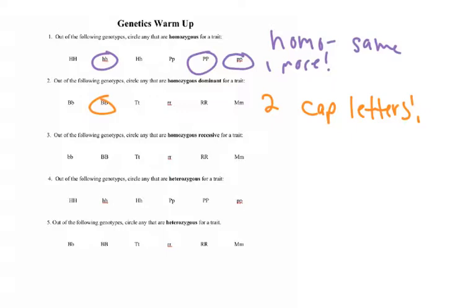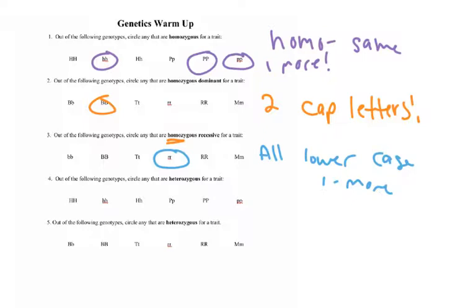Number 3, out of the following genotypes, circle any that are homozygous recessive. Now we see homo again, so we know that means same, but recessive means you're going to have small letters. So for this one, you just have to circle the ones that have all lowercase. So I'm going to give you one. But you need to find one more. I think you can.